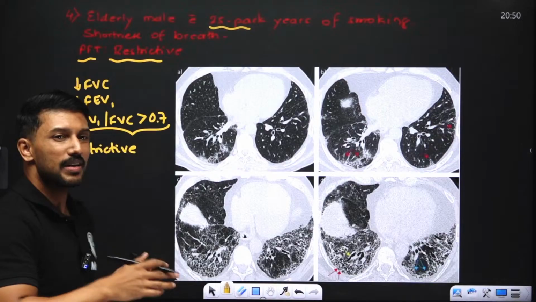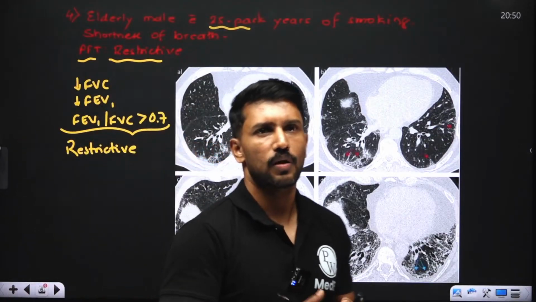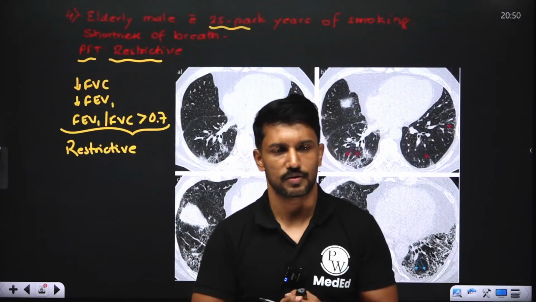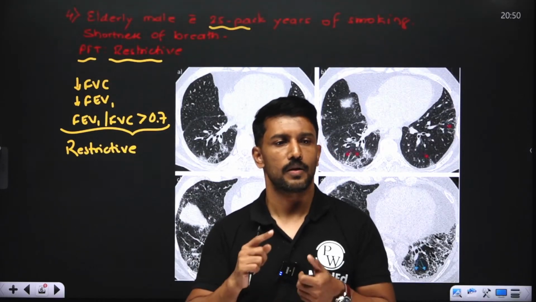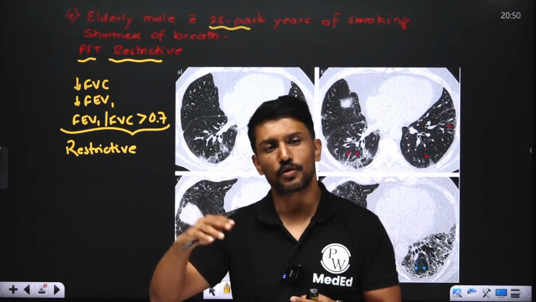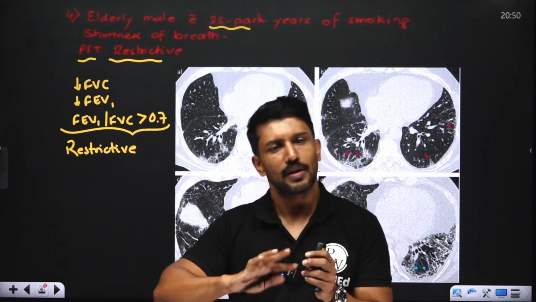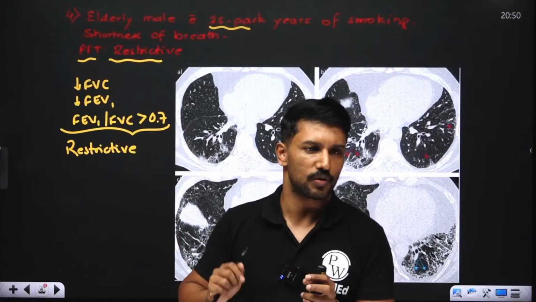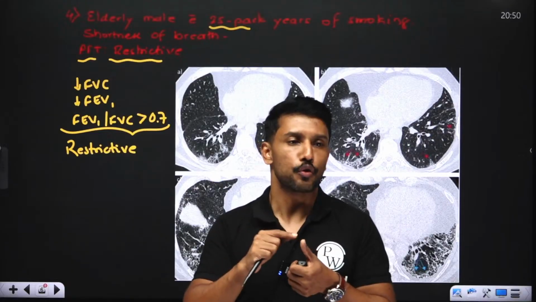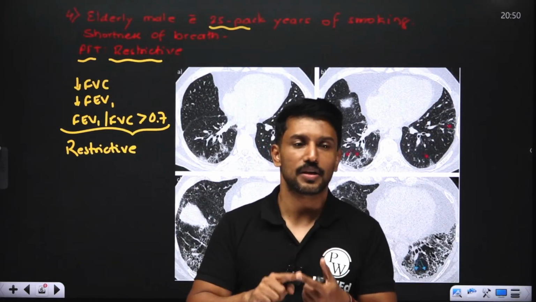So whenever we have a restrictive respiratory disorder, what are the possible causes? Can anybody name? Is asthma a restrictive disorder? No, it is an obstructive disorder. COPD is mainly an obstructive disorder, chronic obstructive pulmonary disease. So what are the restrictive disorders? Pneumonia, interstitial lung disease, right?